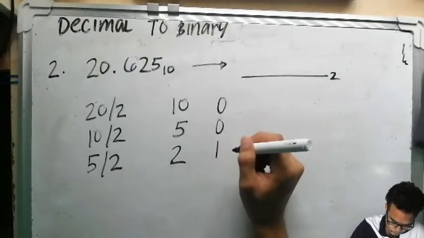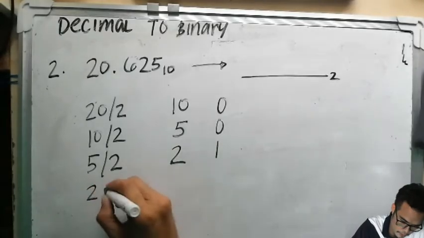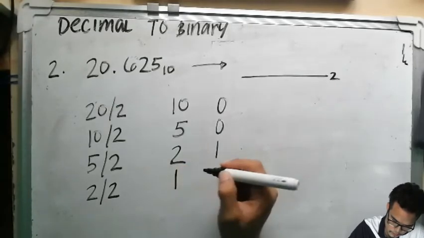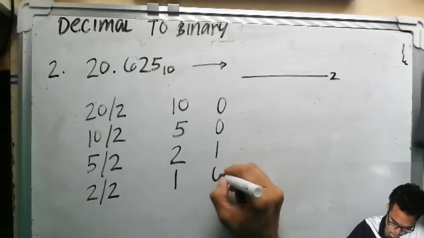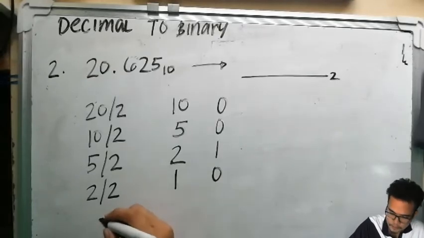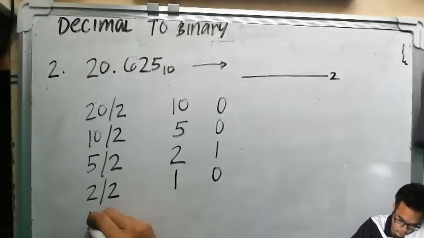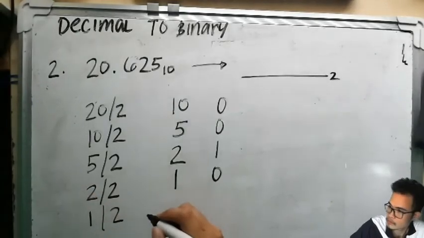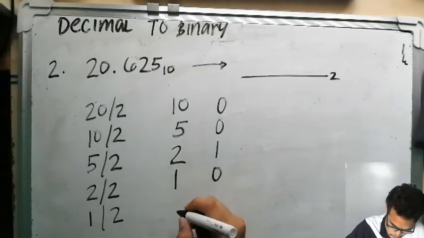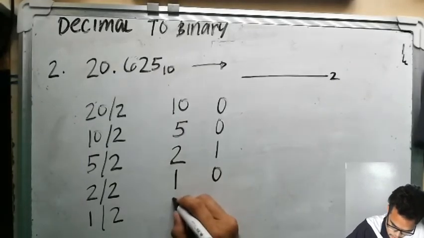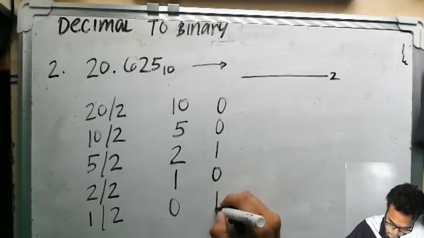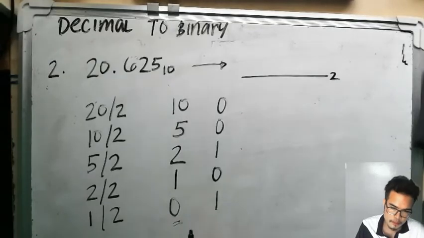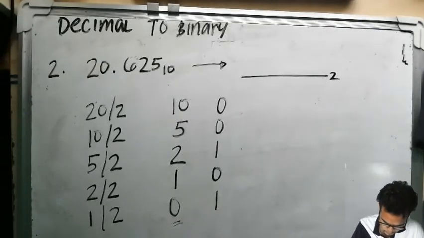So 2 divided by 2 is equal to 1, and the remainder is 0. Then 1 divided by 2 is 0, and the remainder is 1. Since the quotient is equal to 0, we stop the iteration.